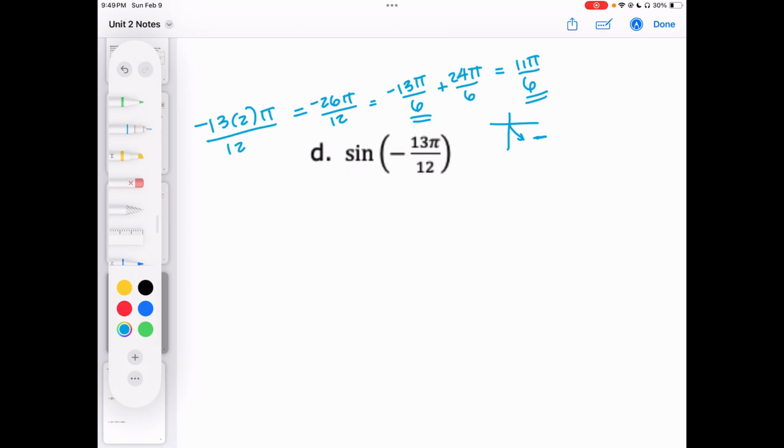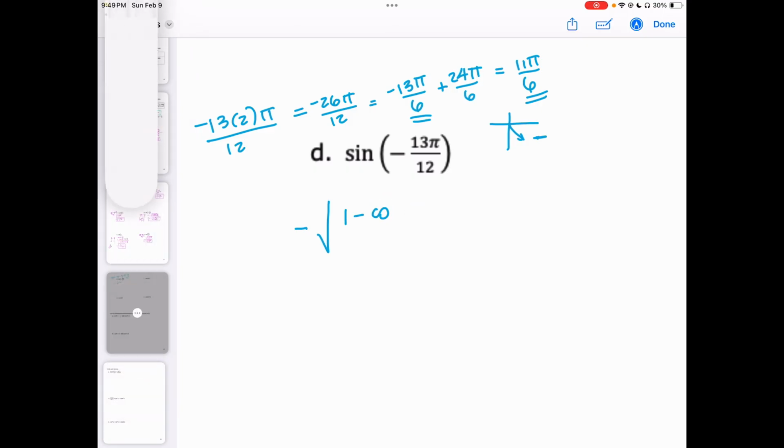what we've got. So I said it was negative, so negative square root of 1 minus cosine of 11 pi over 6 all over 2. Looks messy. Oh gosh.